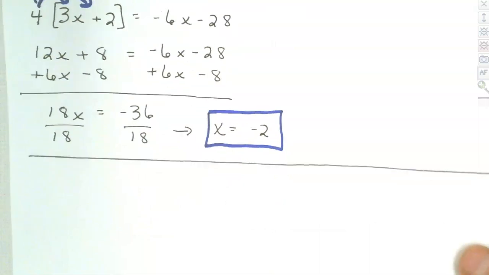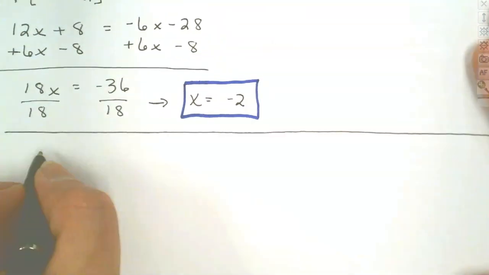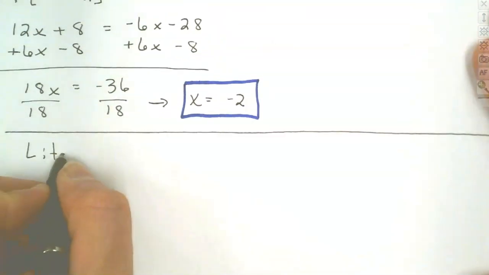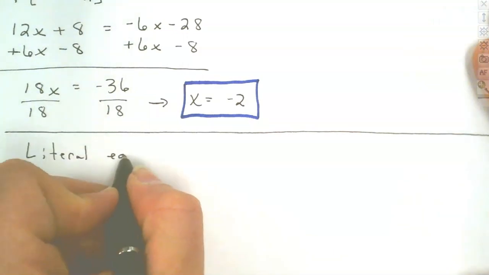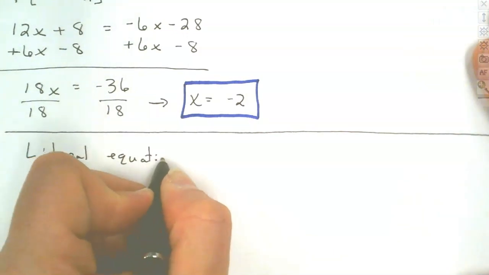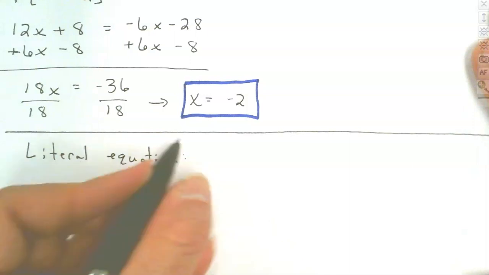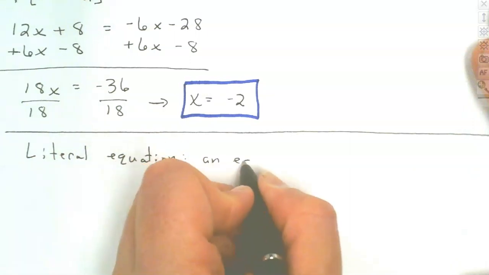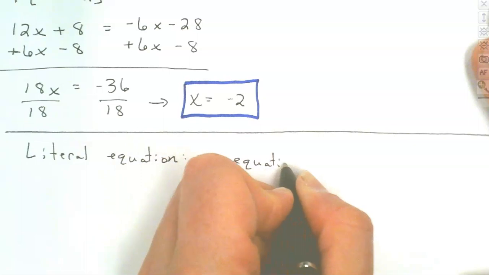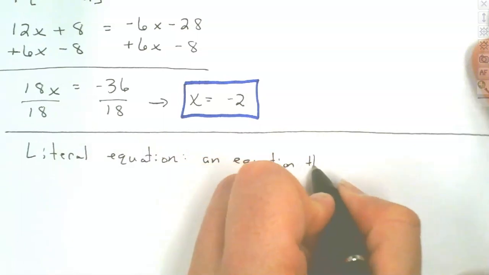Now, a literal equation is simply an equation that has more than one variable.